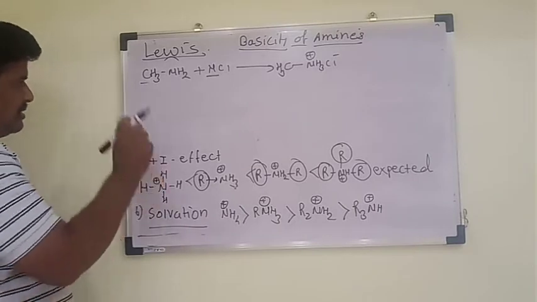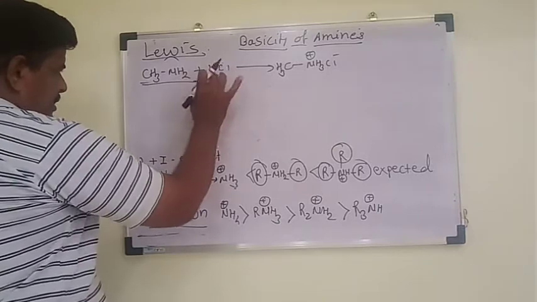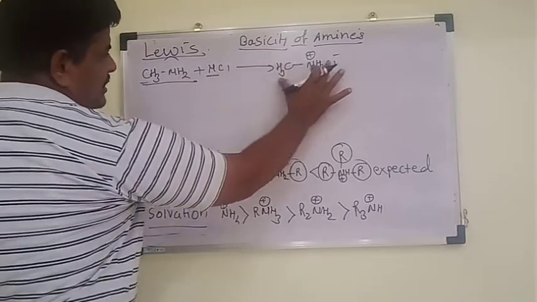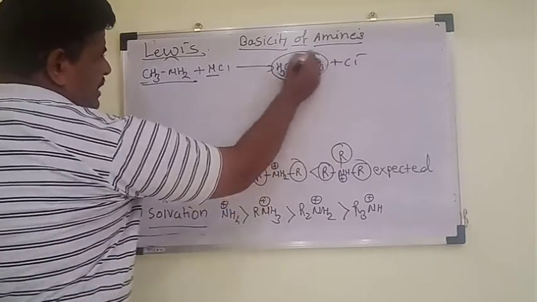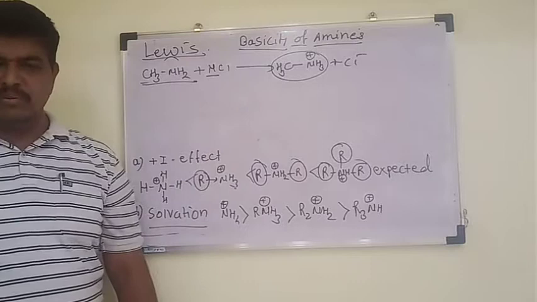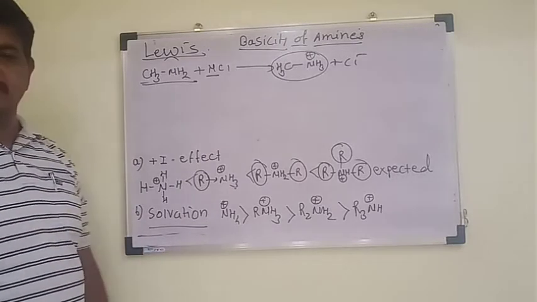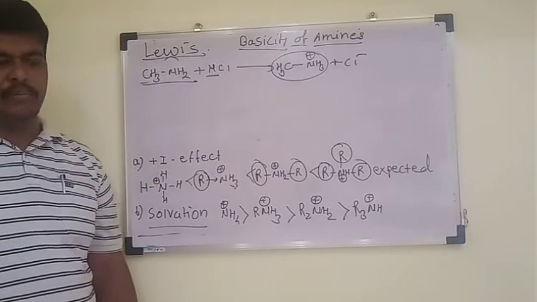Means when amines react with acid, they give conjugate acid, and this conjugate acid is stabilized. If any product is stabilized, then we can say this is a good method of preparation.